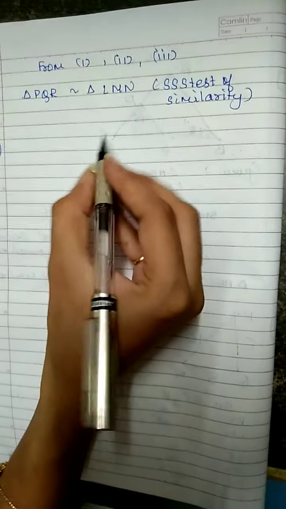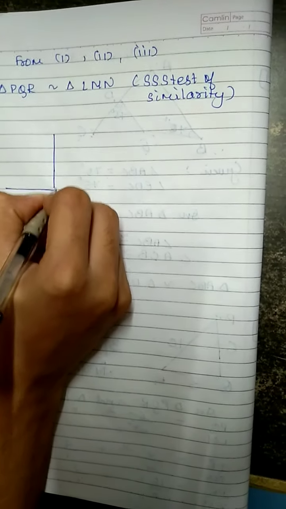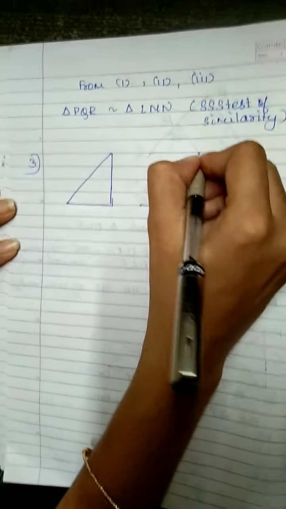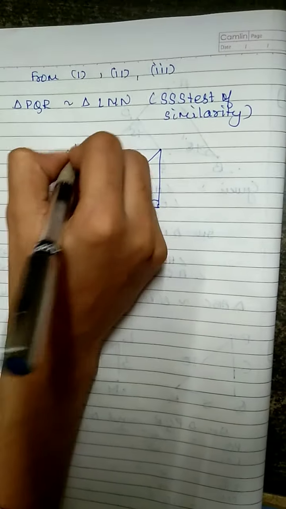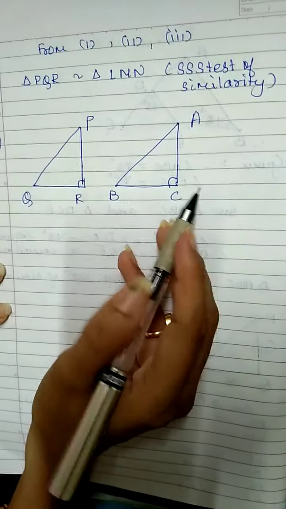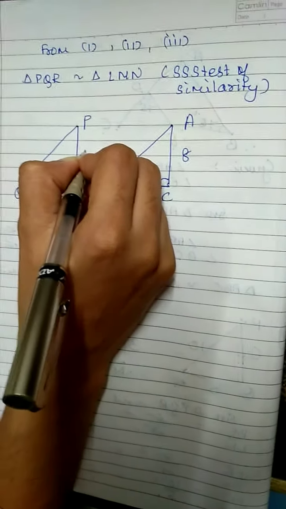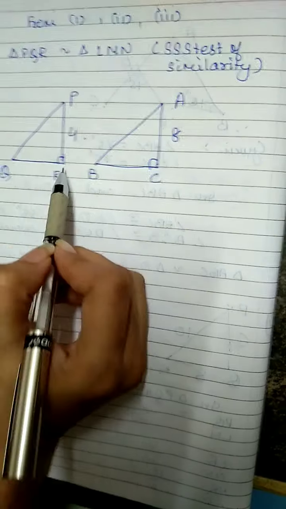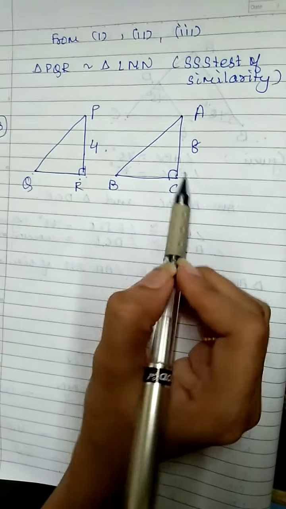As shown in the figure, two poles of height 8 meter, AC is 8 meter, PR is 4 meter, are perpendicular to the ground. QR is the ground in the first figure and BC is the ground in the second figure.